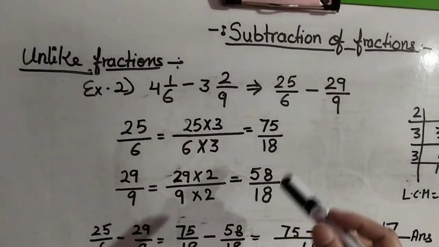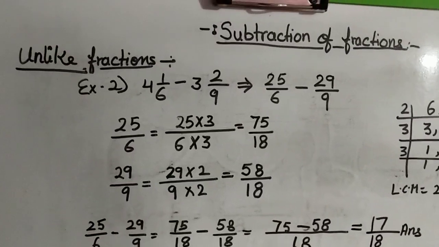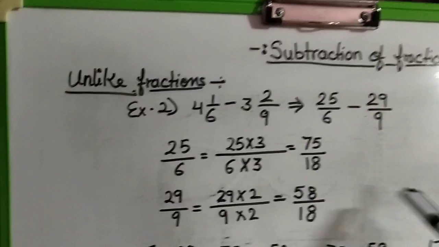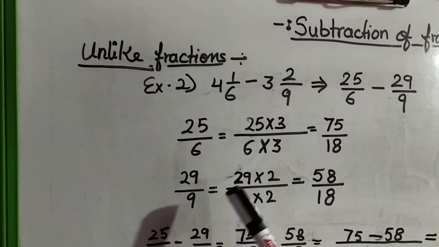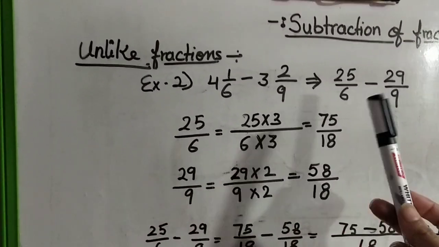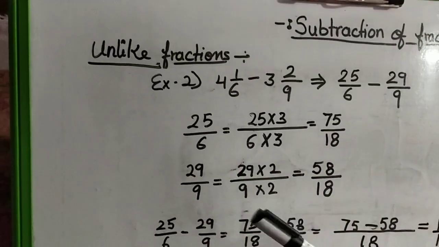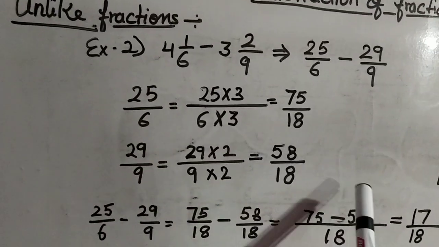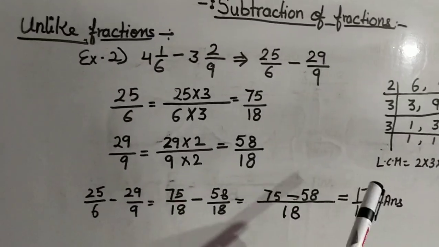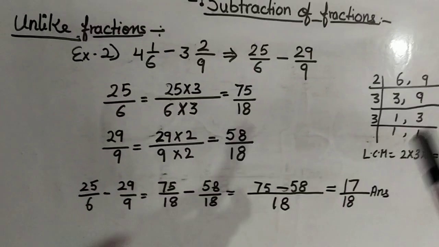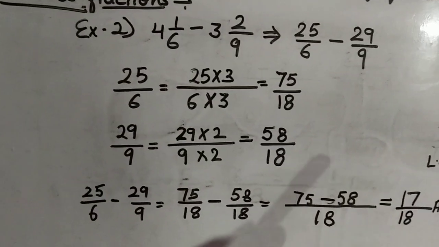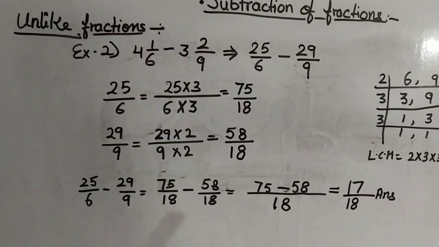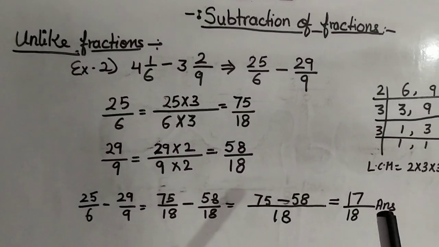Then you find the LCM of your different denominators. The third step, you change your fractions into like fractions by using equivalent fractions. Then you find the difference of the like fractions and the answer. If the answer is a proper fraction, you leave it. If the answer is an improper fraction, you change that improper fraction into mixed number.